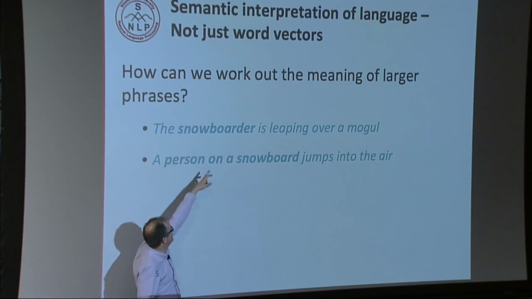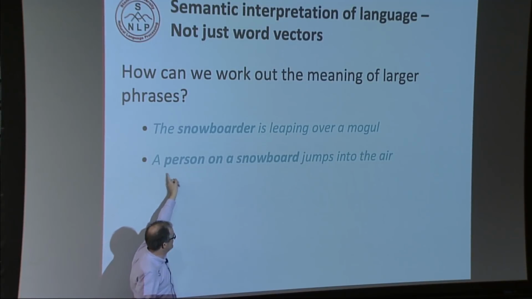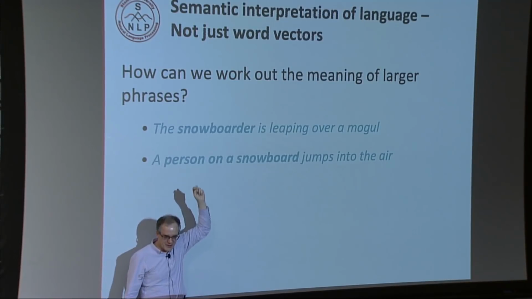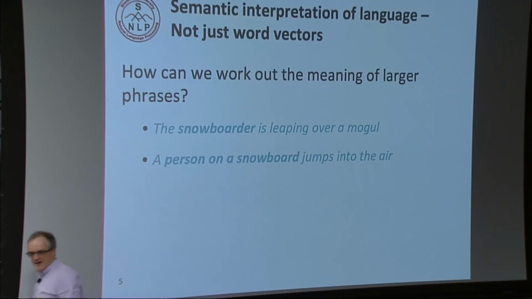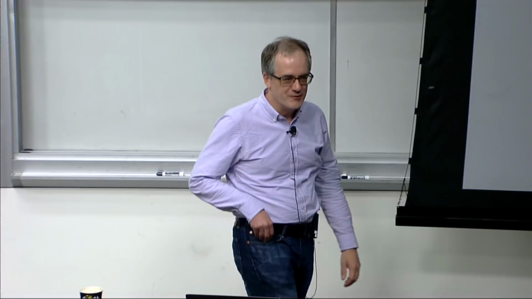So we'd like to say the snowboarder is pretty much semantically equivalent to a person on a snowboard, but the top one is 2 words long and the bottom one is 5 words long. So if we're going to do that, we somehow want these constituent chunks and to be able to work with and represent them in neural networks. And that's the central idea that motivated the tree-structured neural networks that I'm about to show you.